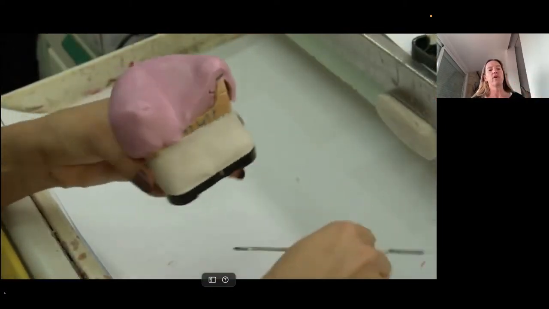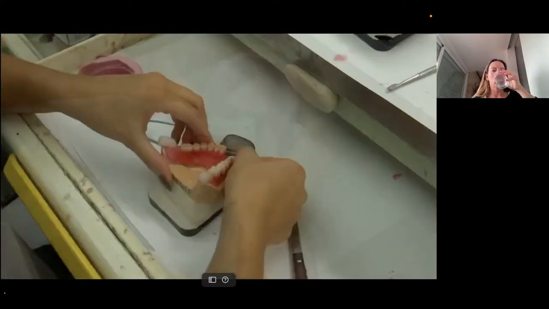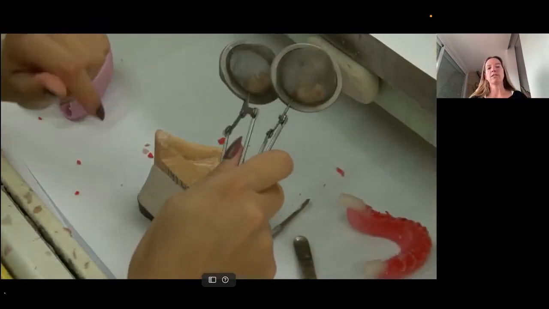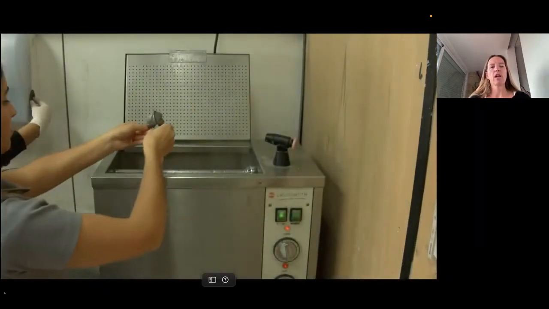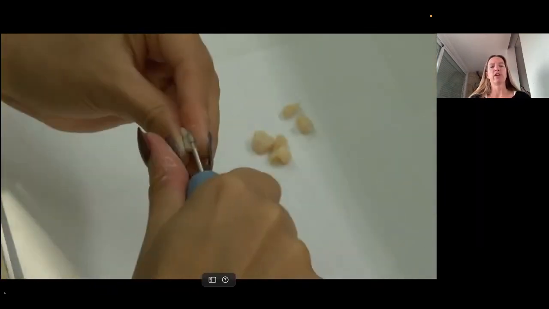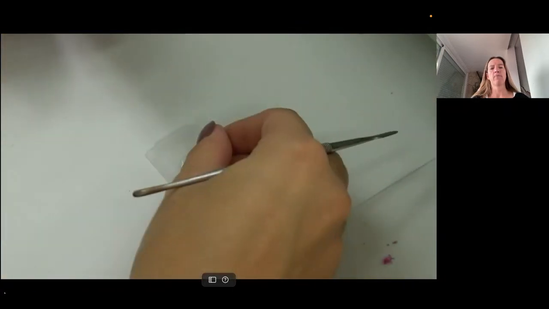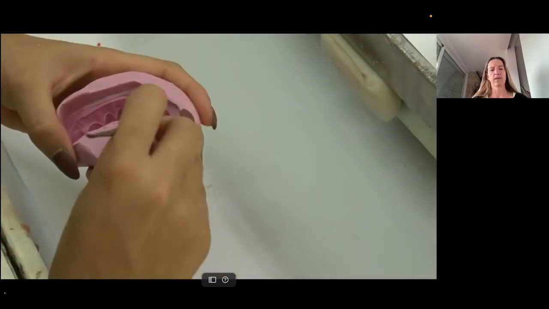So this is very important, and this is the work that they are doing in the lab. So this is the analogical way of doing it. We do this, we trim. It's exactly like doing a removable upper and lower denture, as you can see here.